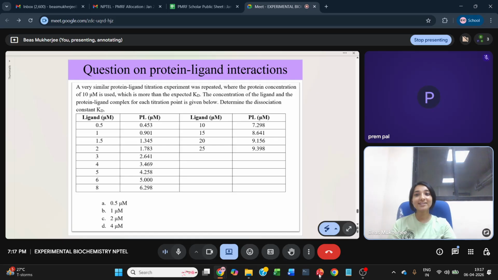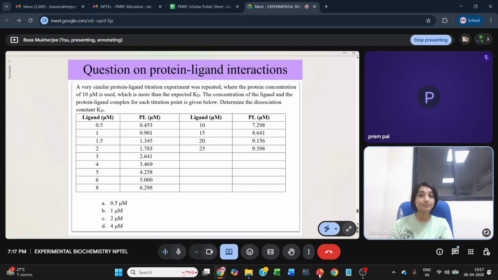Okay. A very similar protein ligand titration experiment was repeated, where the protein concentration of 10 micromolar is used, which is more than the expected Kd. The concentration of the ligand and the protein ligand complex for each titration is given below. Determine the dissociation constant. So ligand concentration and protein ligand concentration are given. Right?